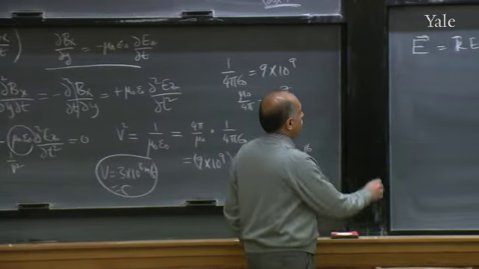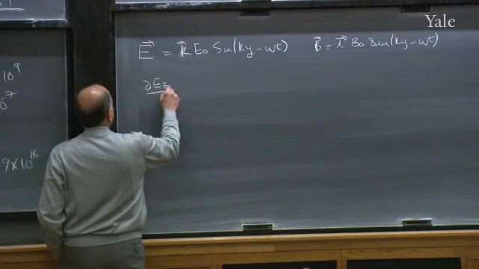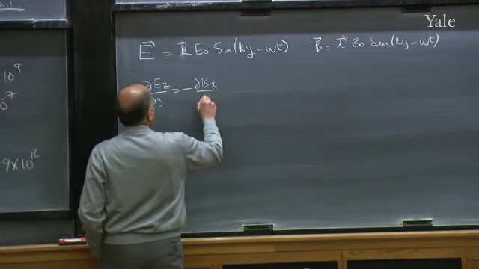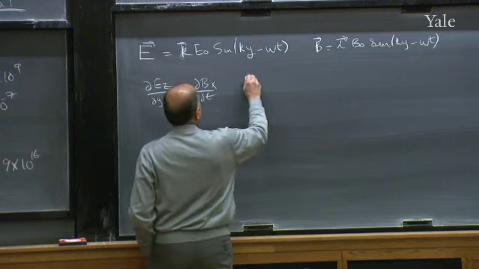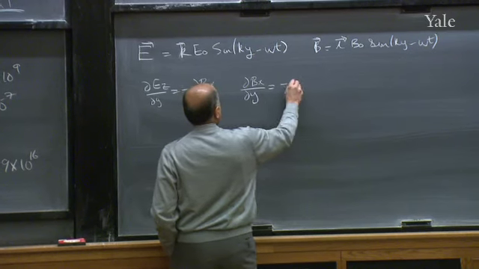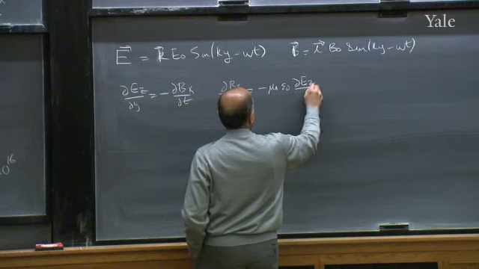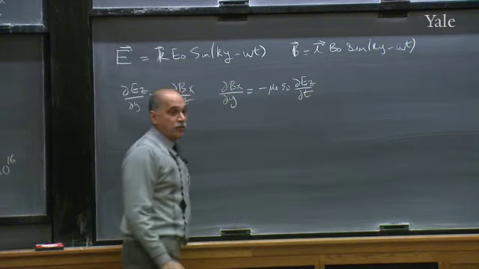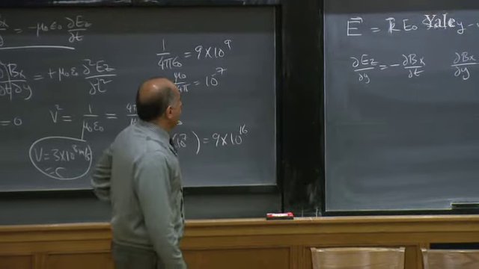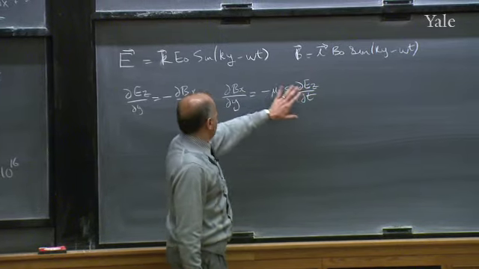So one condition I had was dEz over dy is minus dBx over dt. Then I had dBx over dy is minus mu 0 epsilon 0 dEz over dt. These are the two equations. I'm going to demand that these particular functions obey these two equations.